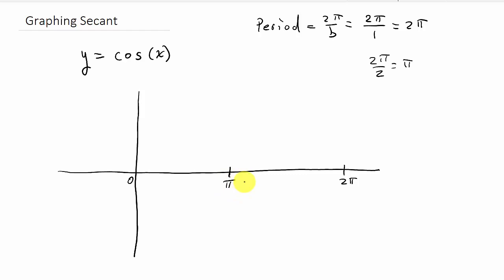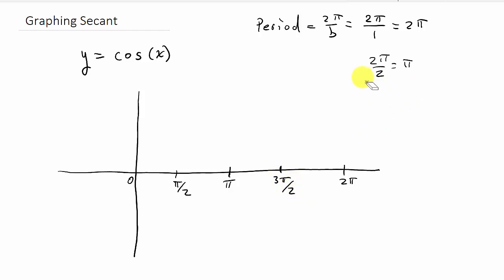And so there's pi. And then for this one, if I do 0 plus pi, that's pi, and then if I half that, I get pi over 2. And then halfway between pi and 2 pi, pi plus 2 pi is 3 pi, and if I half that, I get 3 pi over 2.